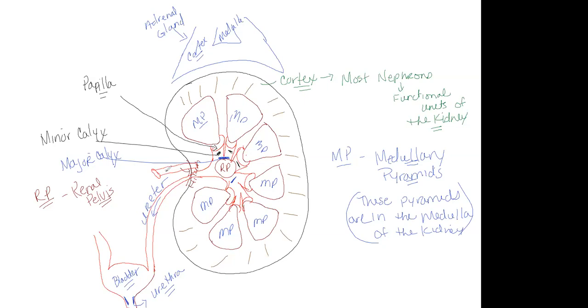I'm going to write renal artery here, RA. The renal artery enters into the kidney. And then we have the renal vein leaving the kidney. So this one here is the renal vein. And you can feel free to take a picture if you like.